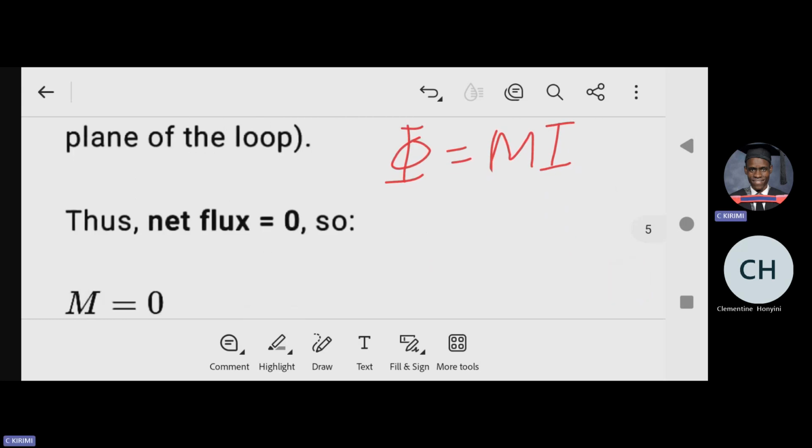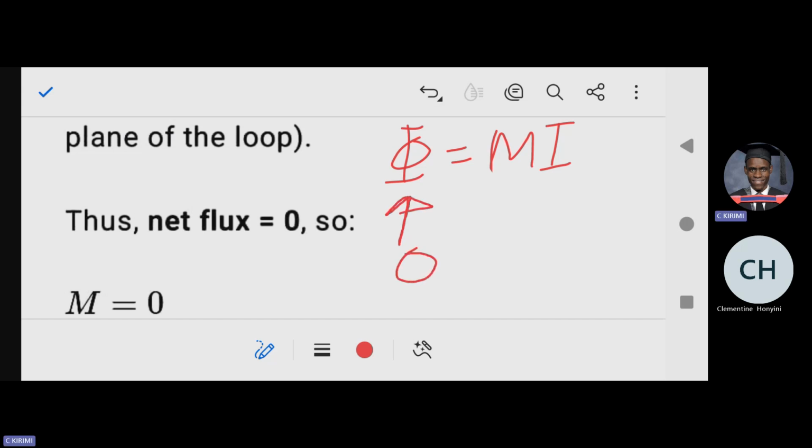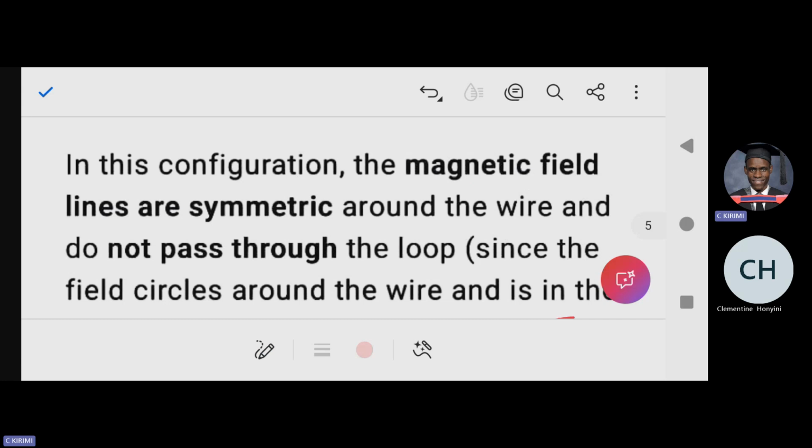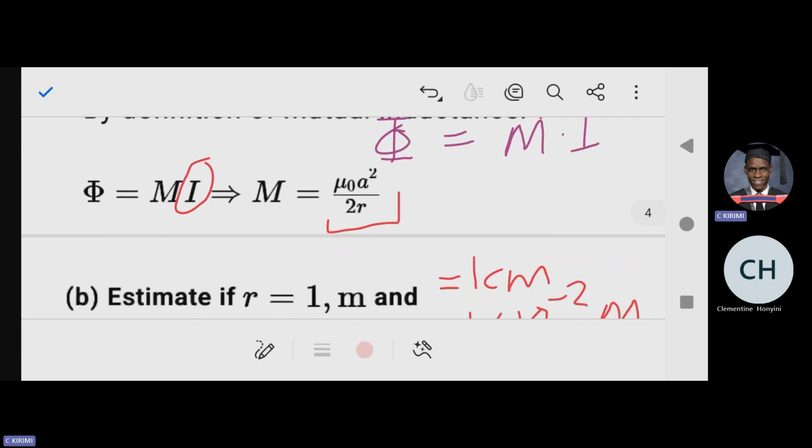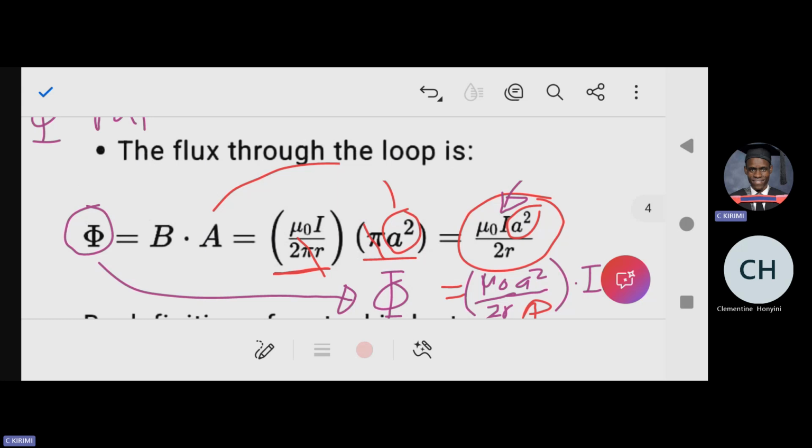If this is equal to 0, what can you conclude? Already you have been told that I is having a value, isn't it? What was I given?